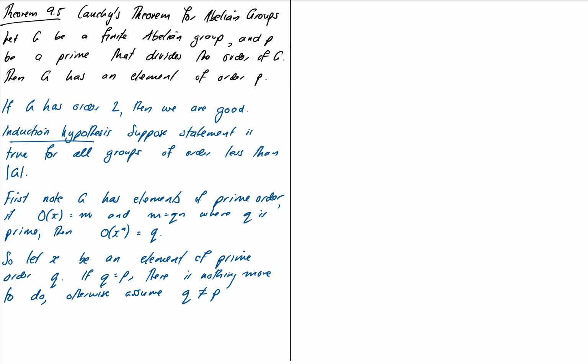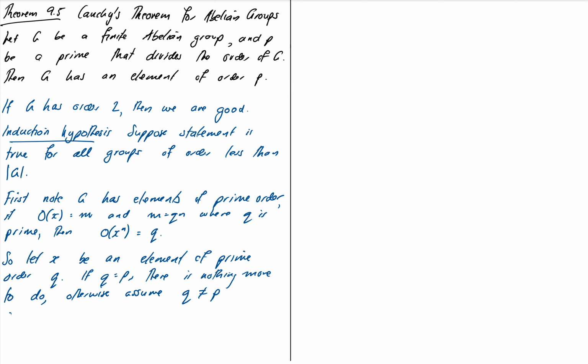All right, let's just take a step back for a second. We are in an abelian group, which means every subgroup is normal, so we can build factor groups out of all the subgroups that we like. Okay, so we can take any subgroup of G that we like and build a factor group out of it.